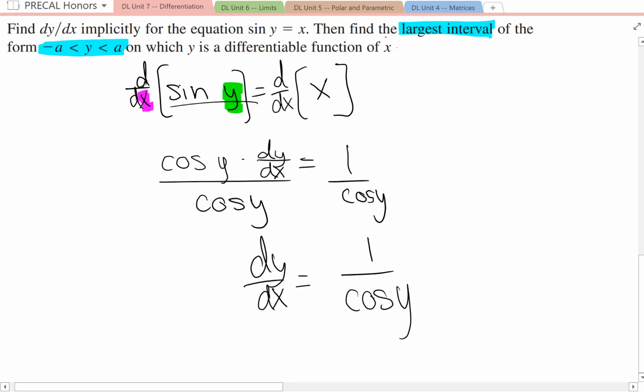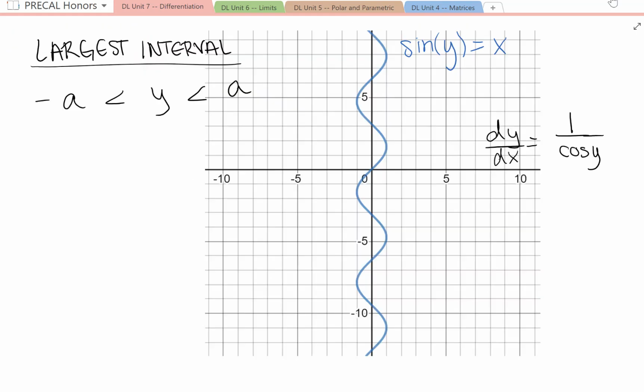They said find the largest interval in this form on which y is differentiable. Okay, so let's take a look at this graph. There are several largest intervals, okay? You could go from here to here, and that's a function. Once you curve right back over, though, you fail the vertical line test.